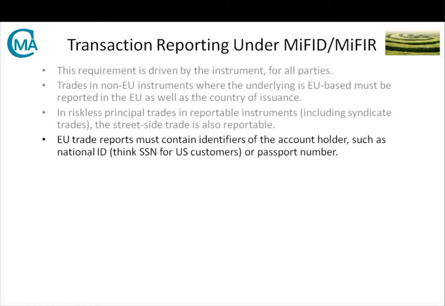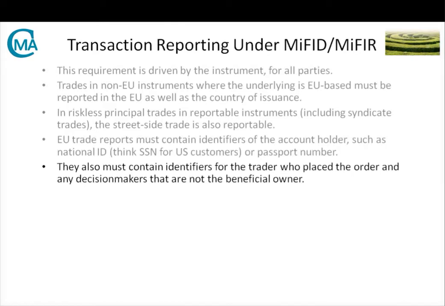And this has caused some customers in the U.S., for example, to say, I don't really want my tax ID number floating around in Europe. So let's see if we can do these trades outside of this whole requirement.